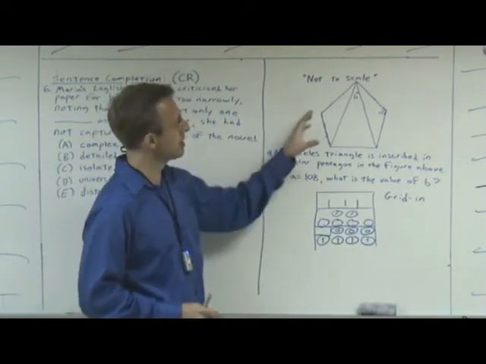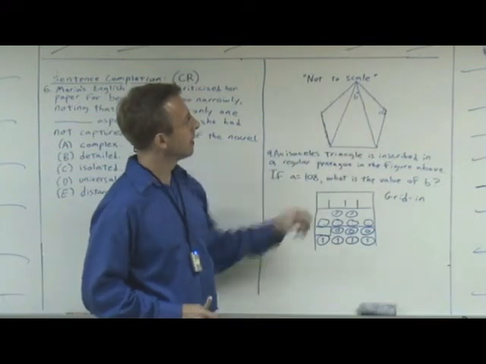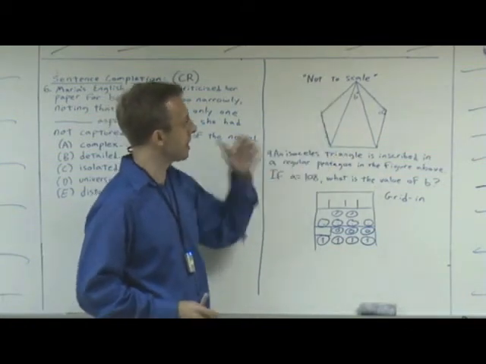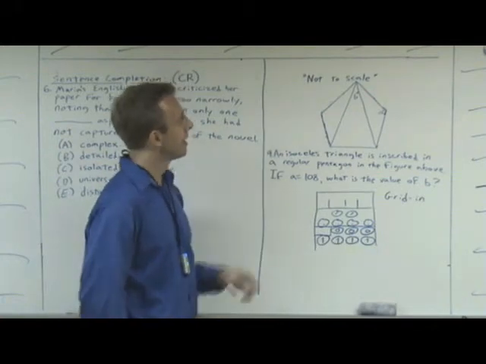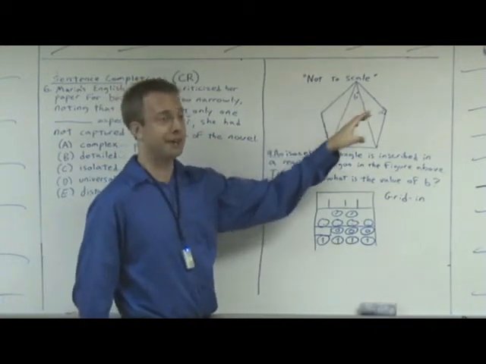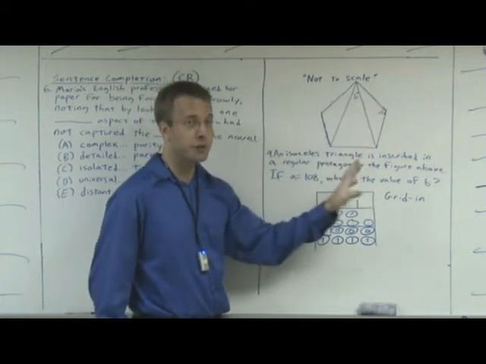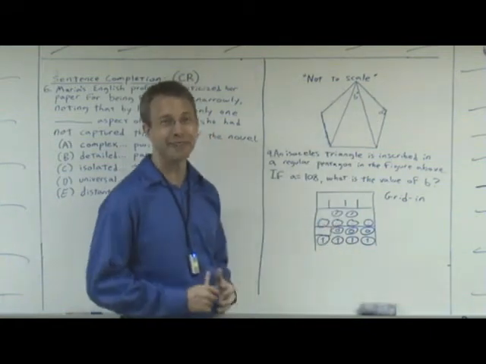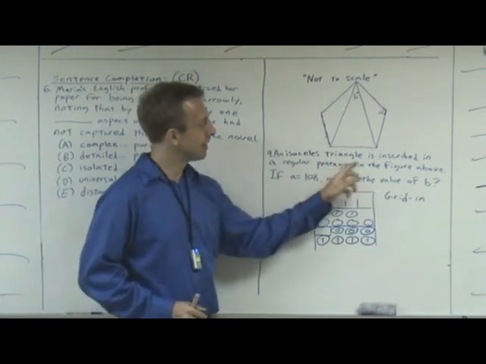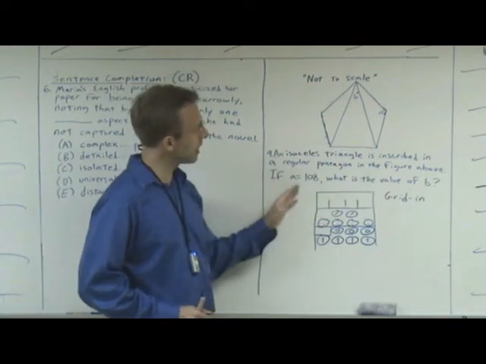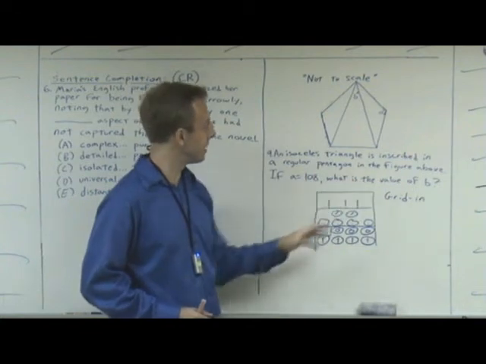Here we have a question about a pentagon, and we have a triangle inside, as well as two angles that are defined for us. Note this is not to scale, so the drawing doesn't always perfectly show you what's happening. Now let's look at the question. An isosceles triangle is inscribed in a regular pentagon in the figure above.